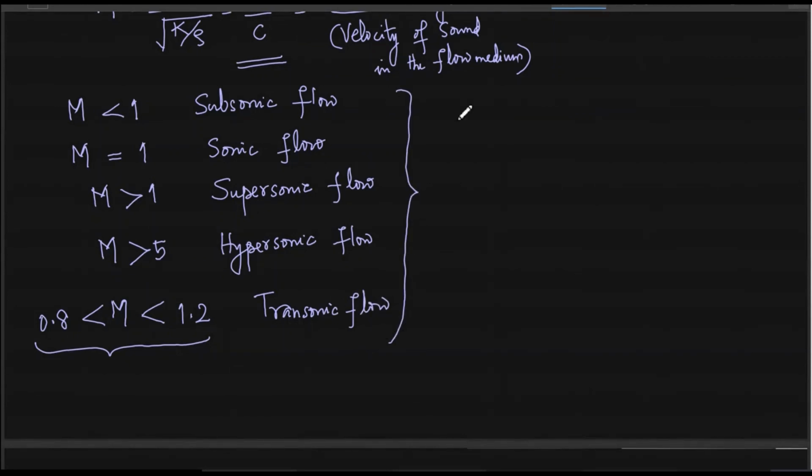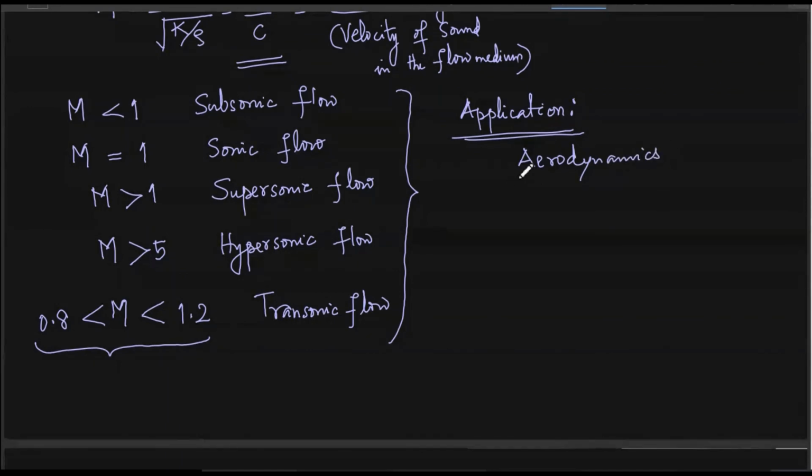So when you talk about such speed ranges, this number is exclusively applied in aerodynamics applications, where elastic forces or force due to compressibility cannot be ignored. So the application is high speed aerodynamics and all.